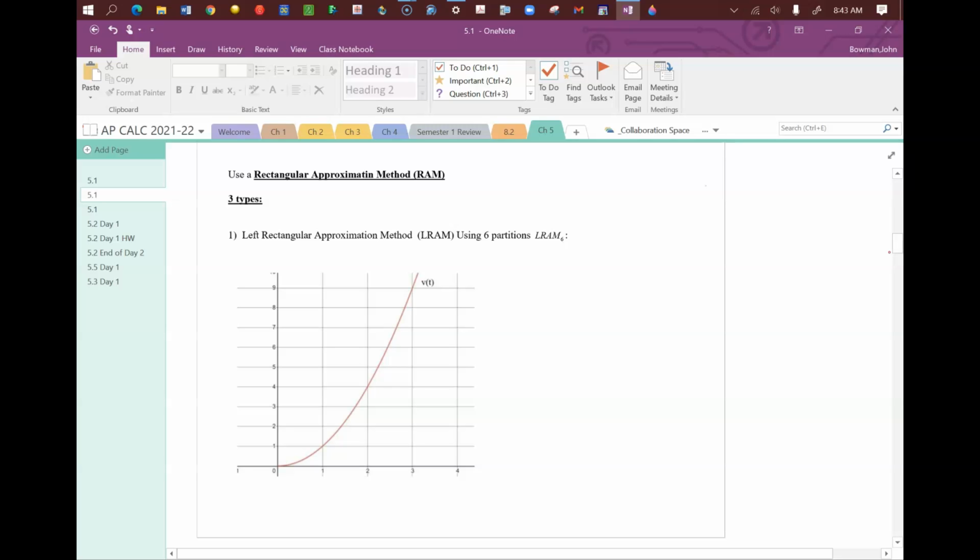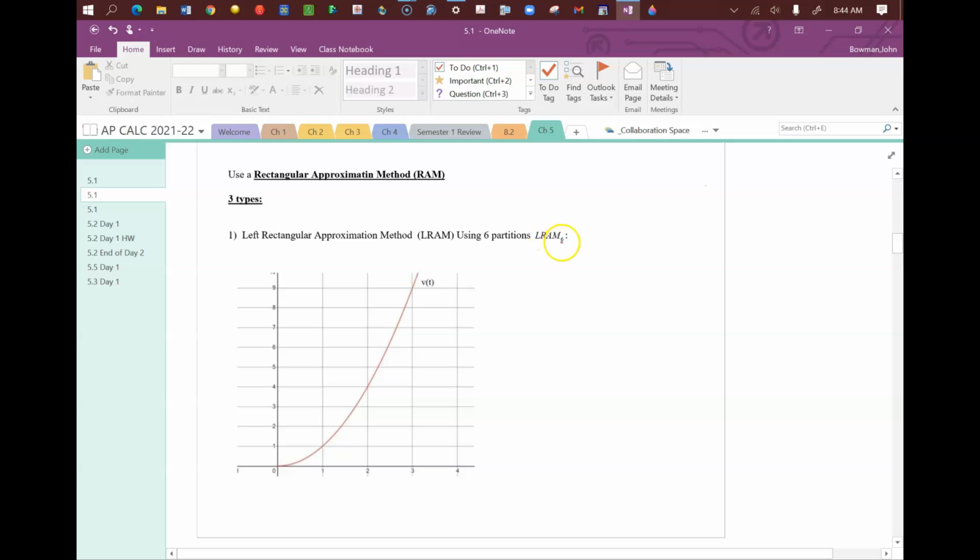Why do we call it the left rectangular approximation method? Because the height of the rectangle is based on where the rectangle hits the function on the upper left-hand corner.